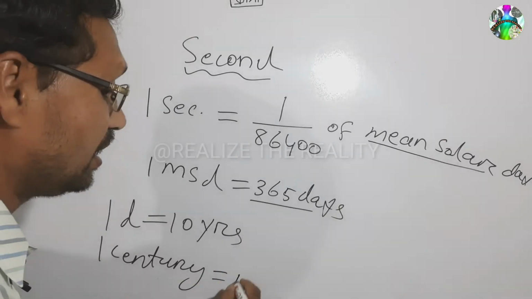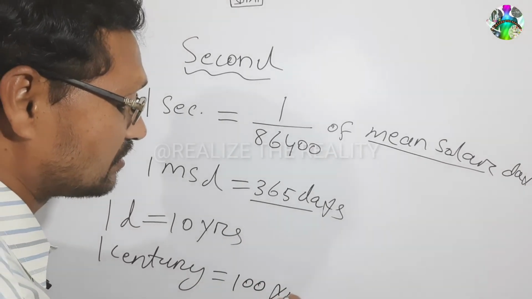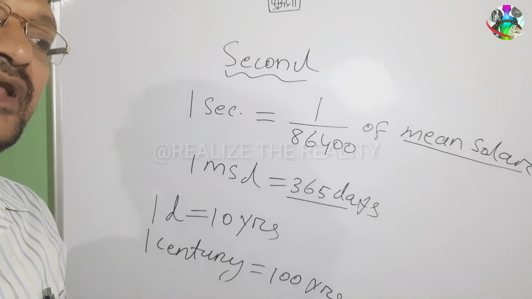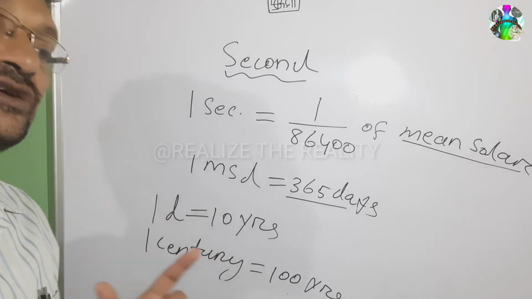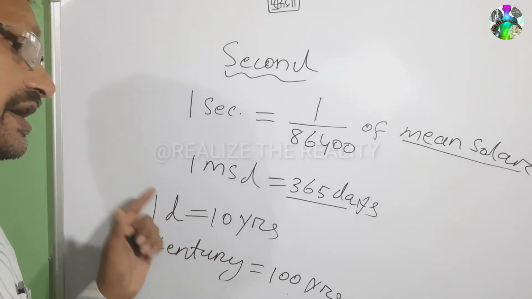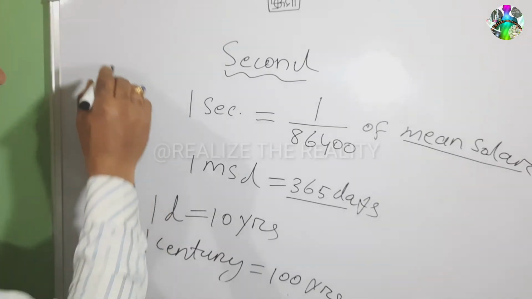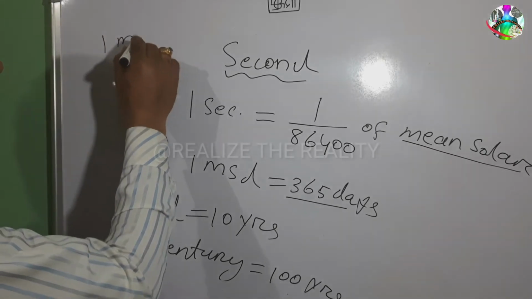Century is 100 years. Like that, 1 millennium, that's 1000 years. Like that, 1 century is 100 years, 1 decade equal to 10 years. Like that, 1 millennium.